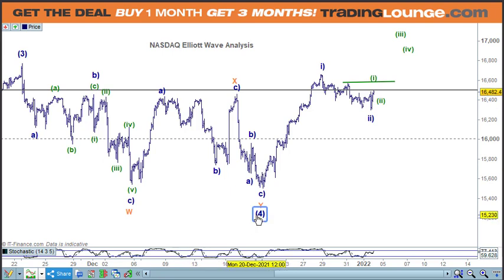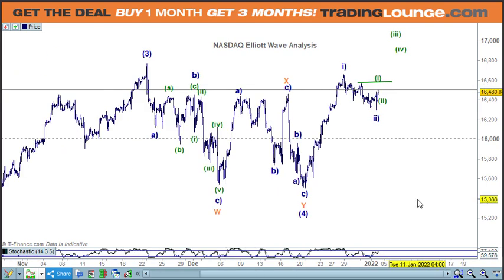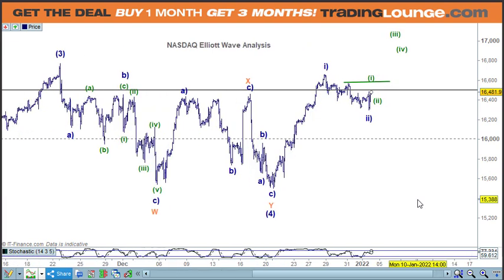Even so, we still need to look at it as a WXY at this point, and looking at this as wave 1 and 2. You can see here as well, we could look at this as the ABC, but we still need to take that top out there. So I suggest that this 16,500 is the medium level, and you'd want a nice tested support on top of that before going long, okay?